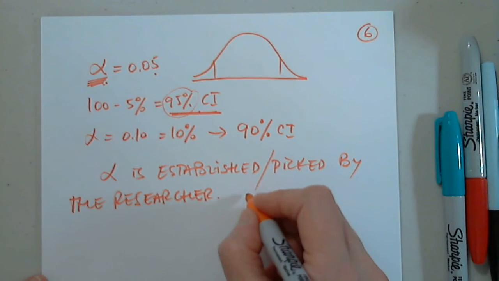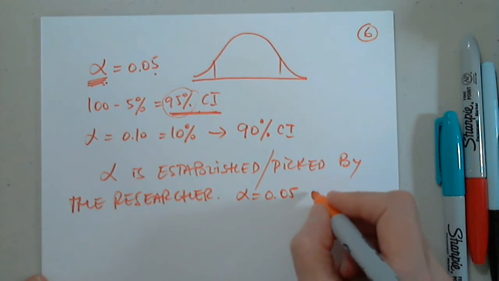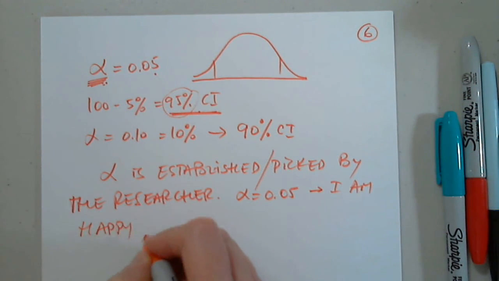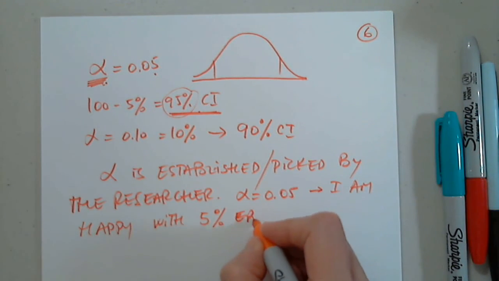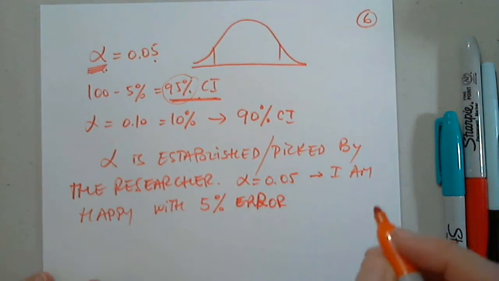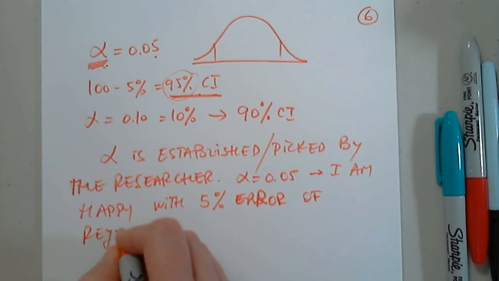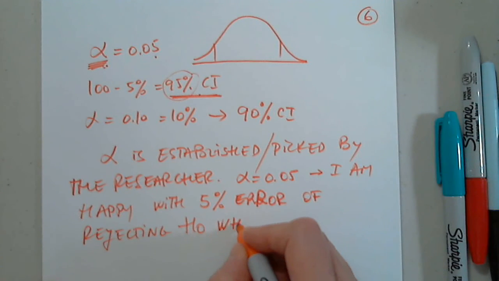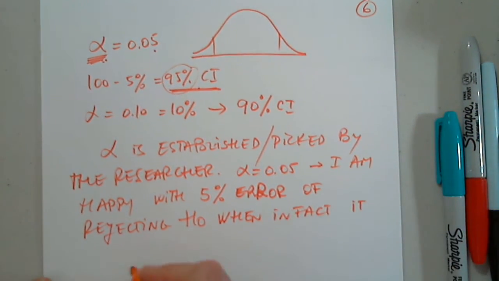If alpha is 0.05, the researcher will say, I am happy with a 5% error of rejecting H naught, the null hypothesis, when in fact it is true.